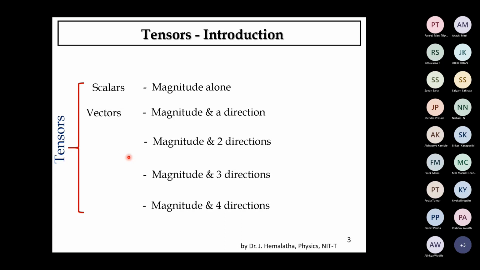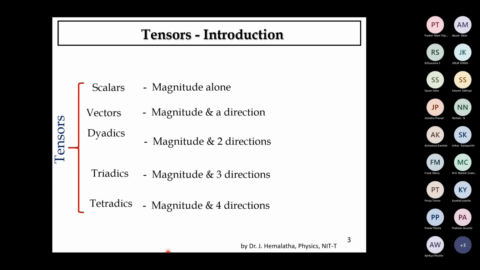Then based on the requirement, if only a magnitude and a direction are required, we call the tensor a vector. If it requires a magnitude and two directions, we have a specific name, dyadics. If it requires three directions, we call it triadics. If it requires four directions, we call it tetradics.